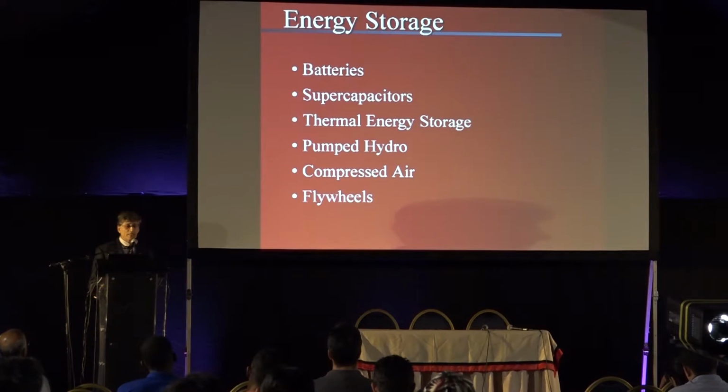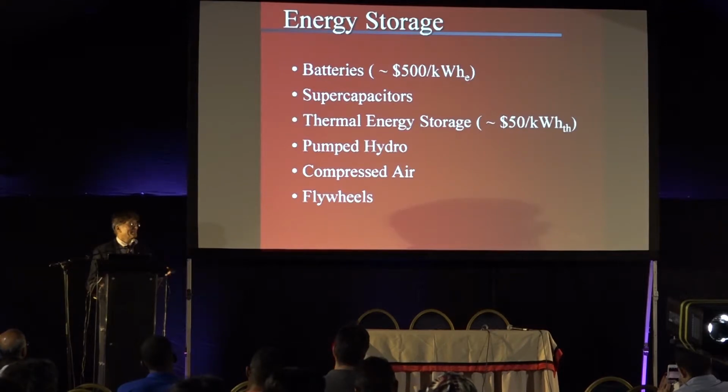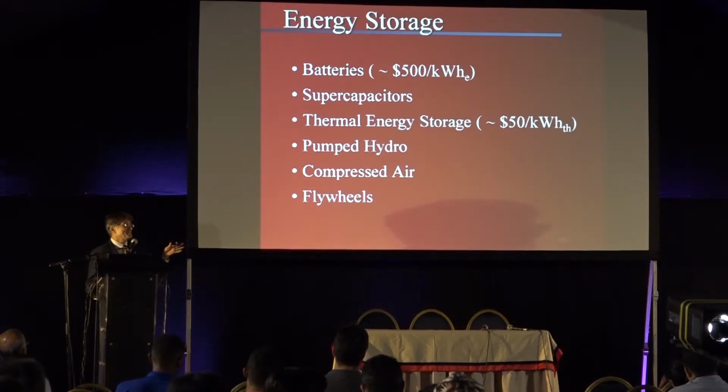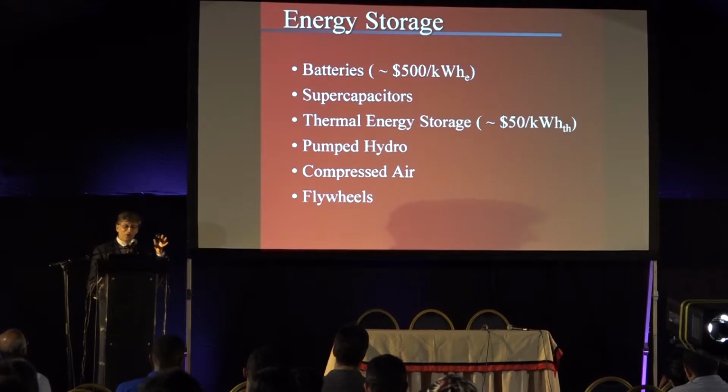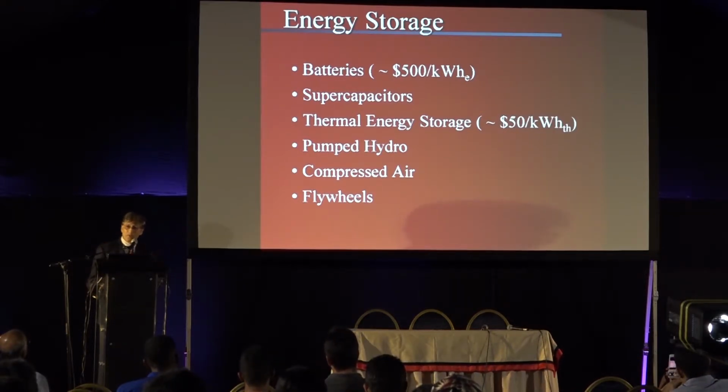But the two ways that we can do right now for solar energy, one is batteries, and the other is thermal energy storage. Now, batteries cost is about $500 a kilowatt hour electric. The thermal energy storage is in the range of about $50 a kilowatt hour thermal.